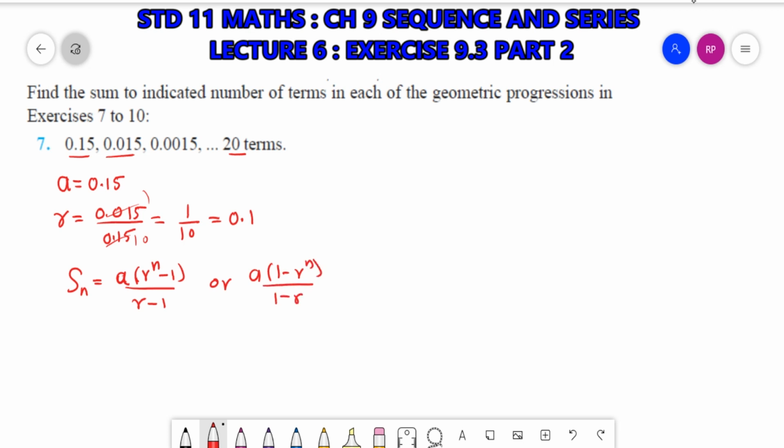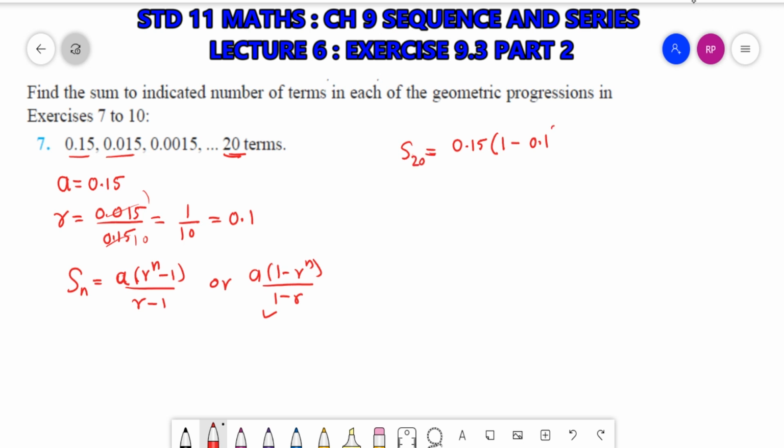See, generally when r is less than 1, then we will use this formula. Using that, Sn equals a, that is 0.15, into 1 minus 0.1 raised to n. What is n? Up to 20 terms, so instead of n, I will write 20.